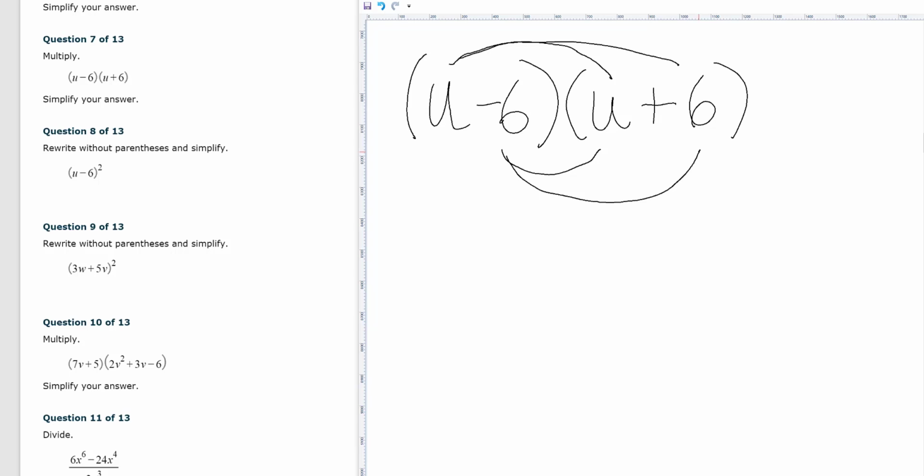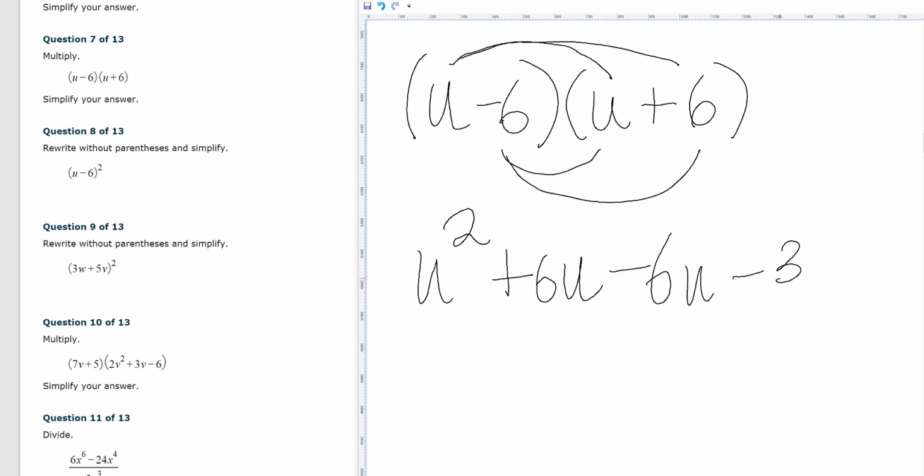Watch what happens. u squared plus 6u minus 6u minus 36. Well, positive 6 and minus 6 is going to give me 0, so it's u squared minus 36.